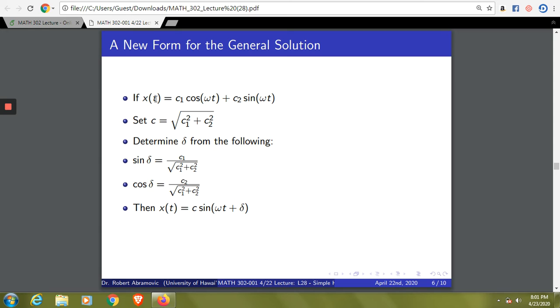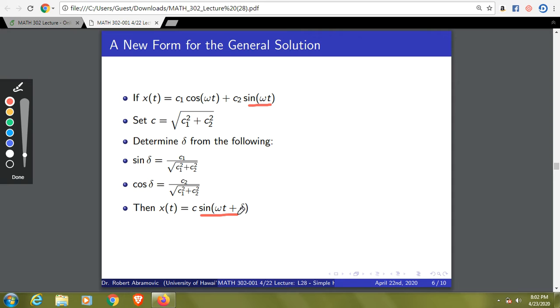In this case, we can rewrite this. What's really going on here is if you divide through x of t by c, the square root of C1 squared plus C2 squared, and also multiply by c, so really you're dividing by c and multiplying by c, this becomes sine of delta times cosine omega t plus cosine delta times sine omega t.